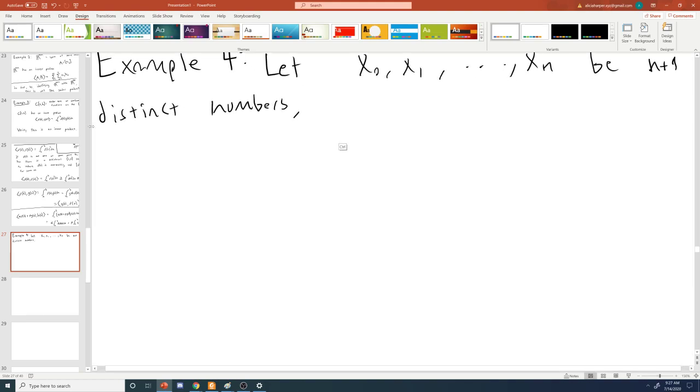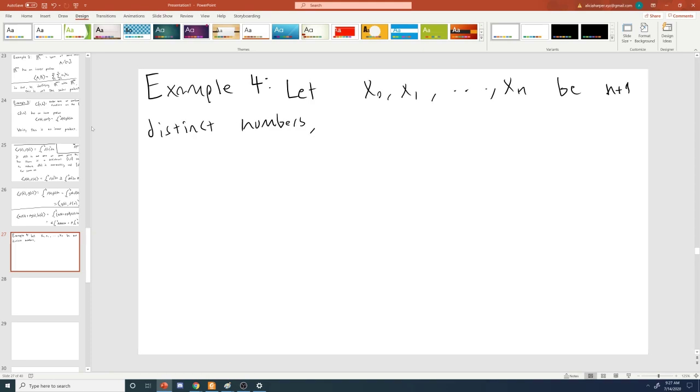And then what we're going to do is set Pn to be the vector space of polynomials of degree less than n.